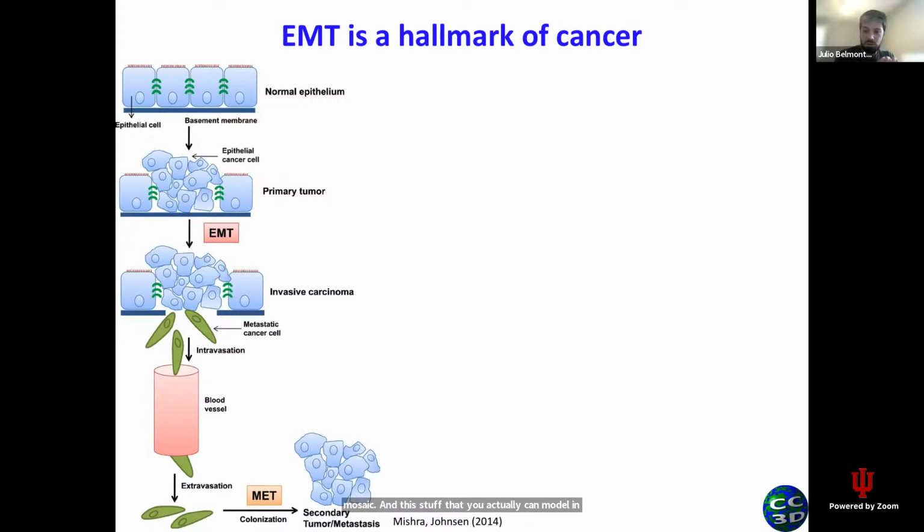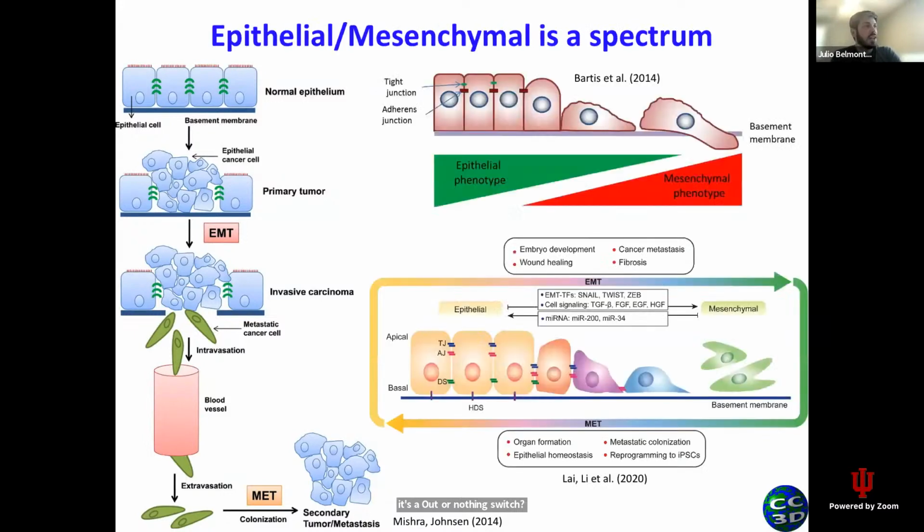And a final note here is that I have been talking about this epithelial to mesenchymal transition as if it's an all or nothing switch, but that is definitely not true. The division between epithelial and mesenchymal, these two categories, are not absolute categories. It's just a convenient way to describe how the cells behave.